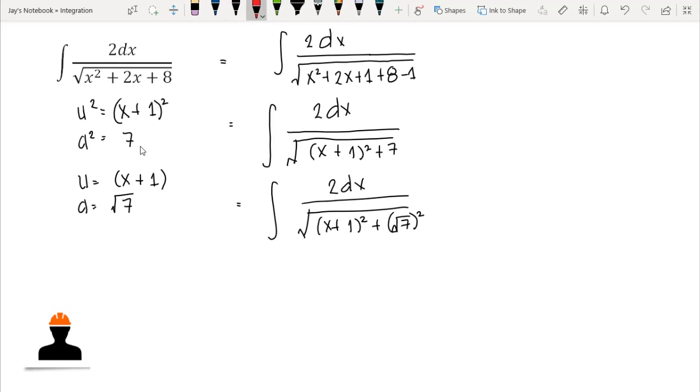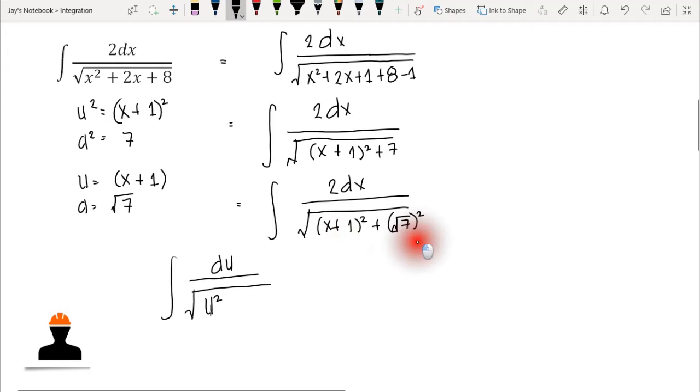Then we have come up with the integration rule, that is the integration of du over, now take note, this is u, so we have square root of u squared, then this one again is our a, so we have plus a squared.